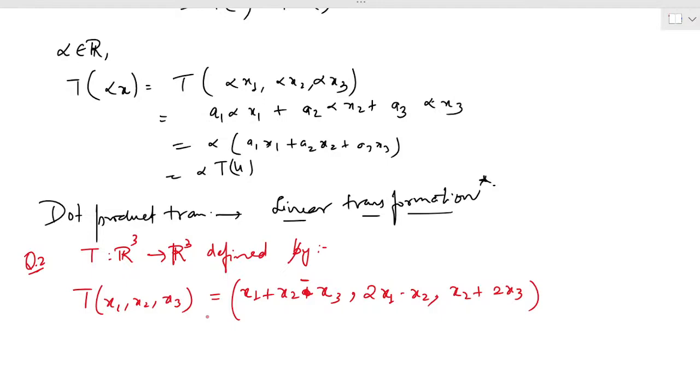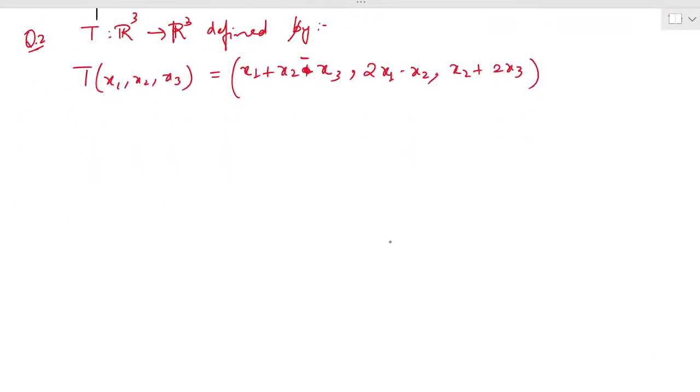We have to prove whether this is a linear transformation or not.